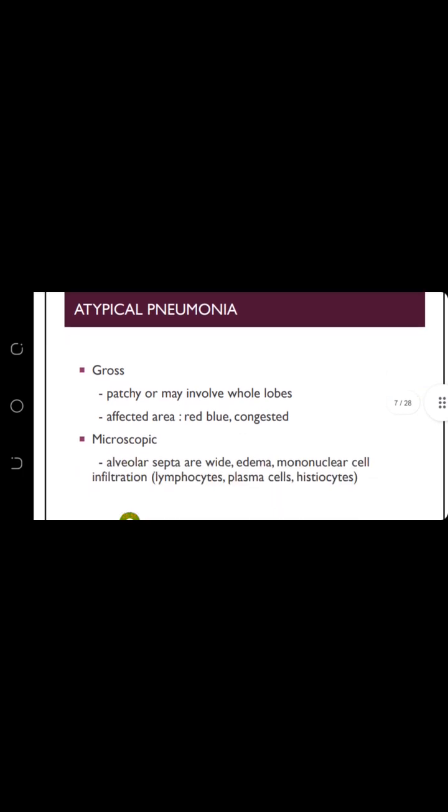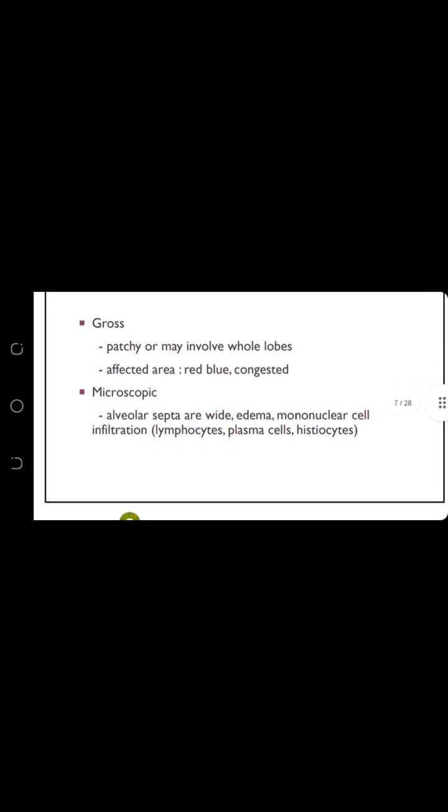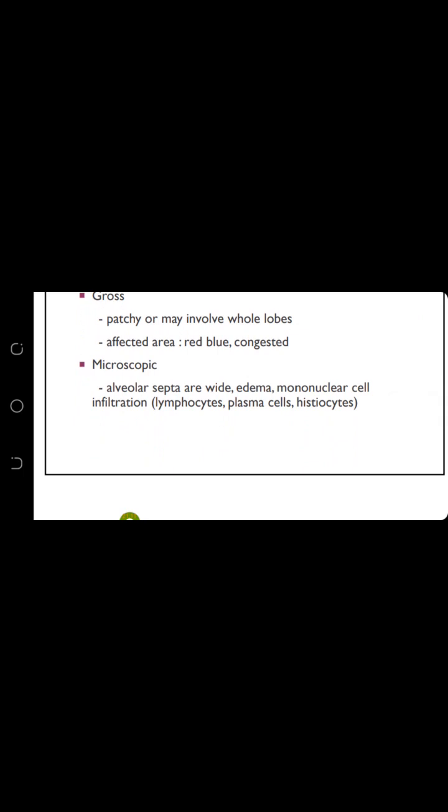Then on gross examination, it may involve the whole lobe. The affected area is colored red blue. Then they are congested. Microscopically, you're going to see the alveolar septa that are wider, and edema, with mononuclear cells that are infiltrated.